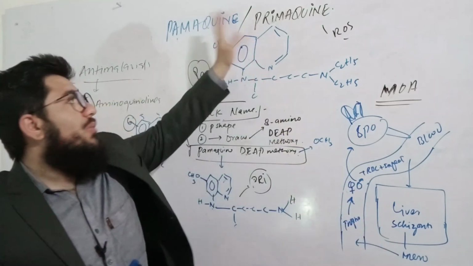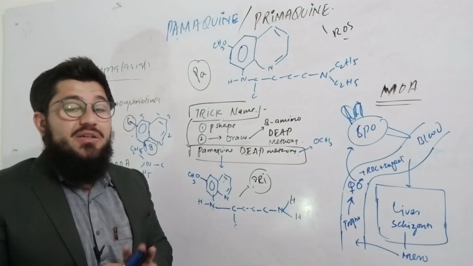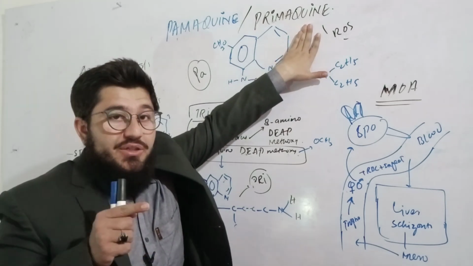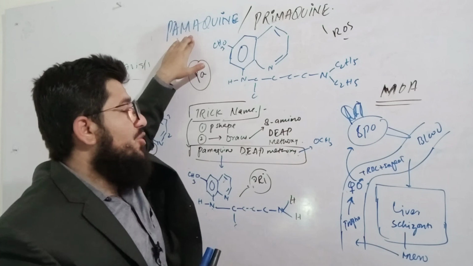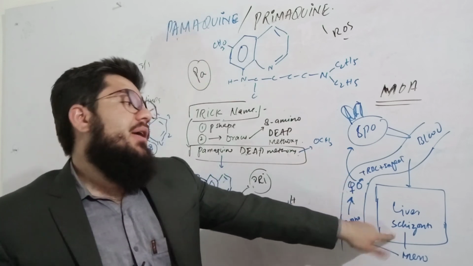So in short, these two medications are inhibiting the malarial life cycle in different ways. Primaquine is producing reactive oxygen species or destroying the DNA, and pamaquine is destroying the gametes and the schizonts in the liver, and this was in the blood.